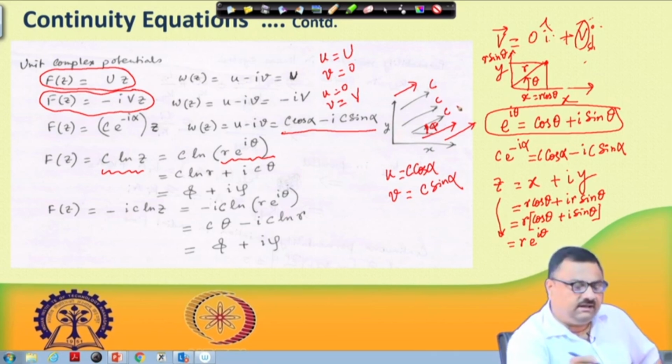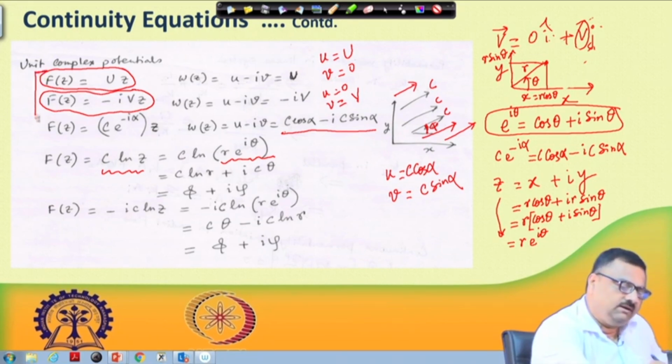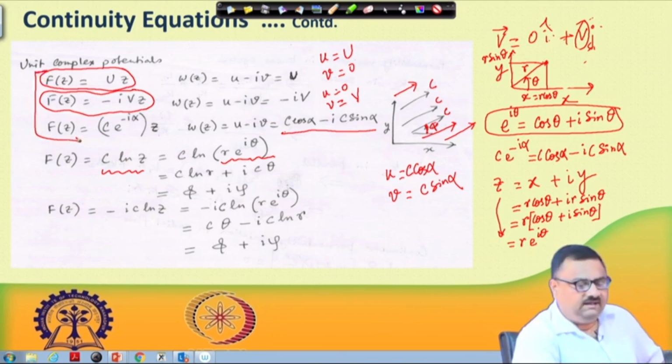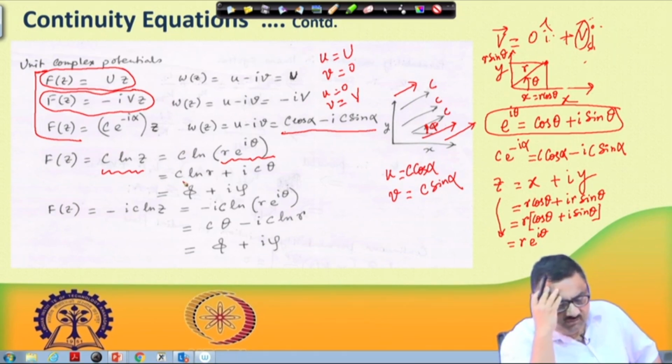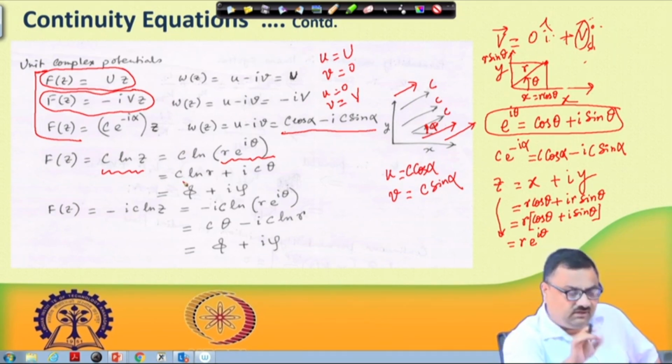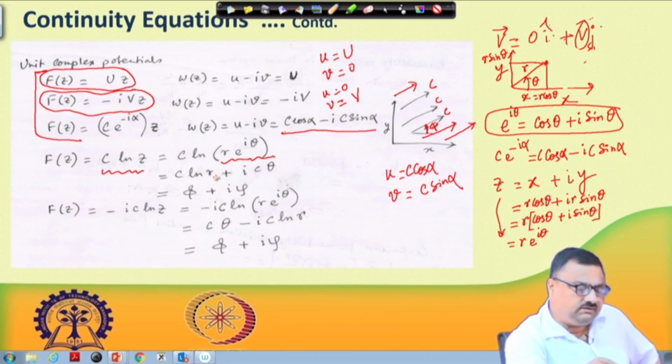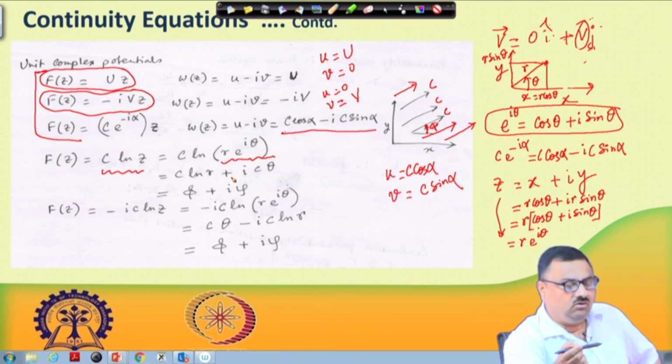So, these three are of one particular type, but C ln z is a new type. So, C ln z, first of all, what kind of flow are we looking at? To find this, instead of finding out the velocity, let us first look at how the potential function and stream function, or potential lines and streamlines, look.